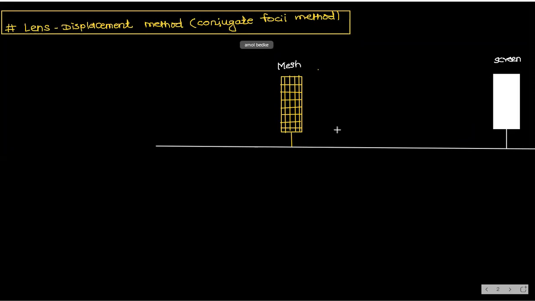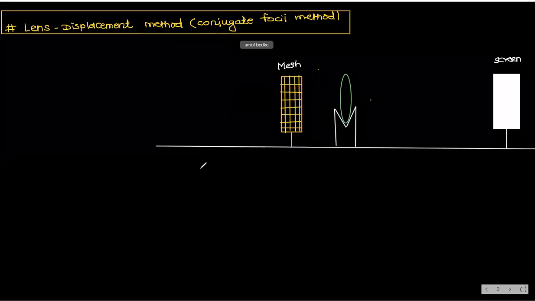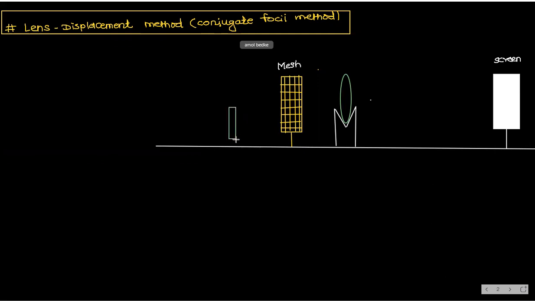Now we will take one V-shaped stand like this. And in this V-shaped stand, we will keep the lens. You can see I have kept a lens. And here either you keep a candle or a source of light. So I'm keeping one candle or torch, anything you can keep.